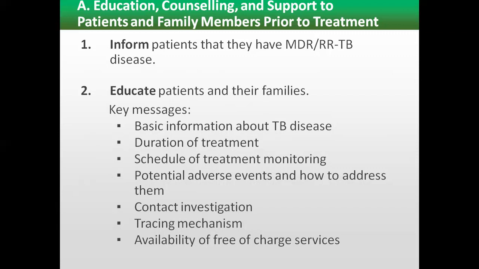So it always starts with informing them of their condition, and the next step is to educate them on what TB is and how RR or MDR-TB differ from the usual drug susceptible TB. We also include here the nature of treatment, and really motivate them to undergo the treatment.